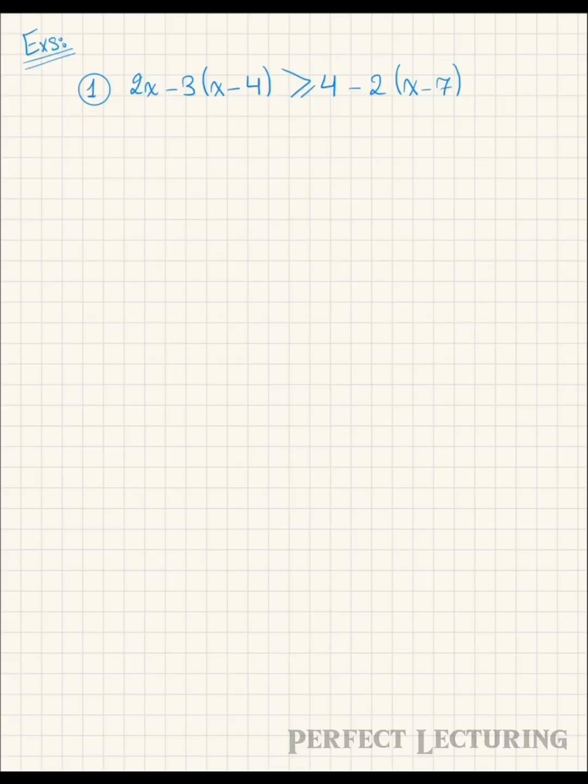So if we have something like that, we simply expand the expression, then we group all the x's on one side and all the numbers on the other side, exactly as we do in linear equations. So this becomes 2x minus 3x plus 12 is greater or equal to 4 minus 2x plus 14. 2x minus 3x is negative x, and 4 plus 14 is 18.